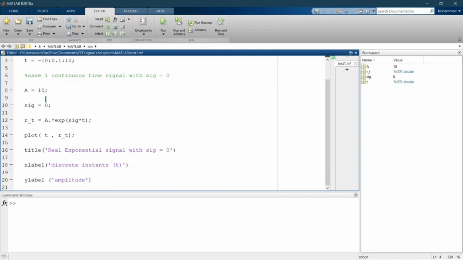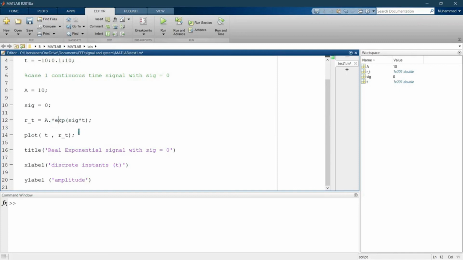Now the equation is r of t is equal to a into e raised to sigma t. The a will be the amplitude, which is given as 10, and for the first case we are using sigma equal to 0. So I have given a variable sig equal to 0, and I have written the equation as a into e raised to sigma t. For writing e raised to in Matlab, I have used a function known as exp.